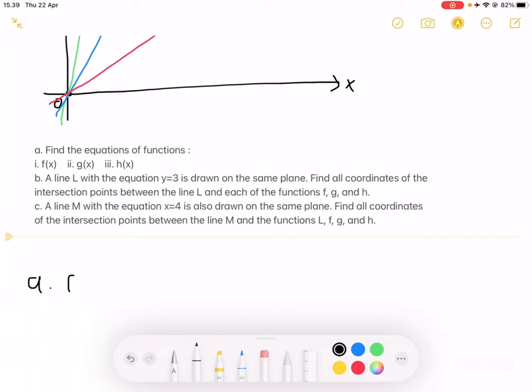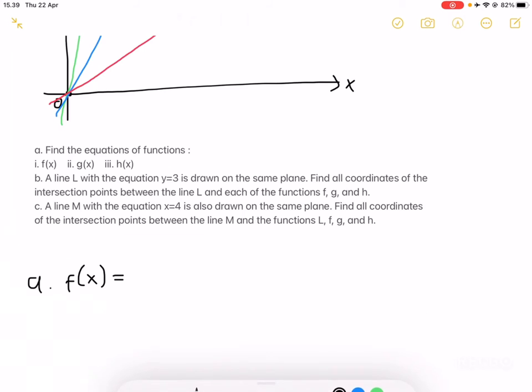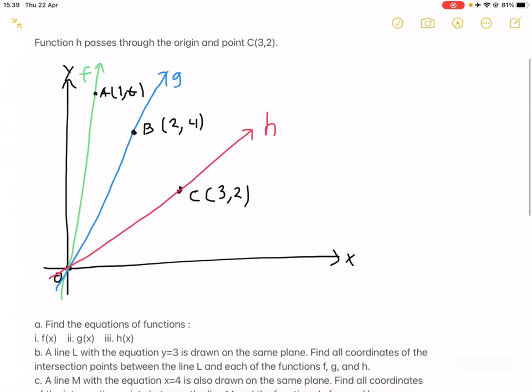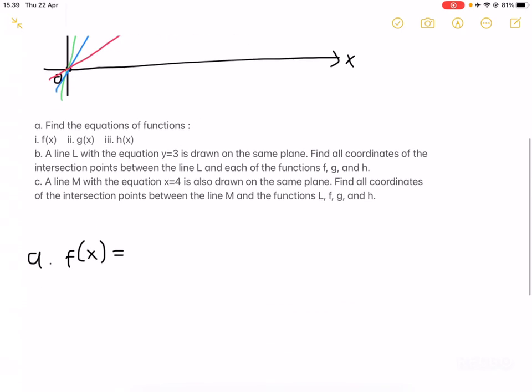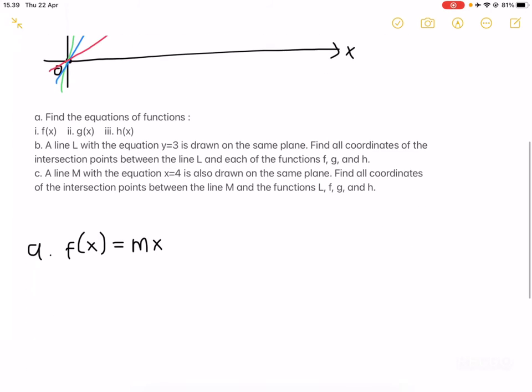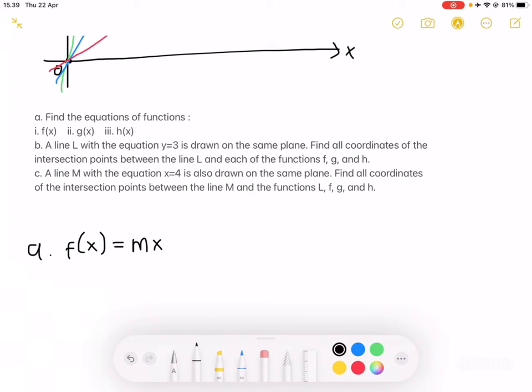Now we can set each function in its point-slope form, since judging from the graph, we know that each function is linear. So for function f of x, we can set it to be mx plus the y-intercept. However, all of the functions intersect the y-axis at y equals 0, since they intersect at the origin. So we need to add the plus b term.